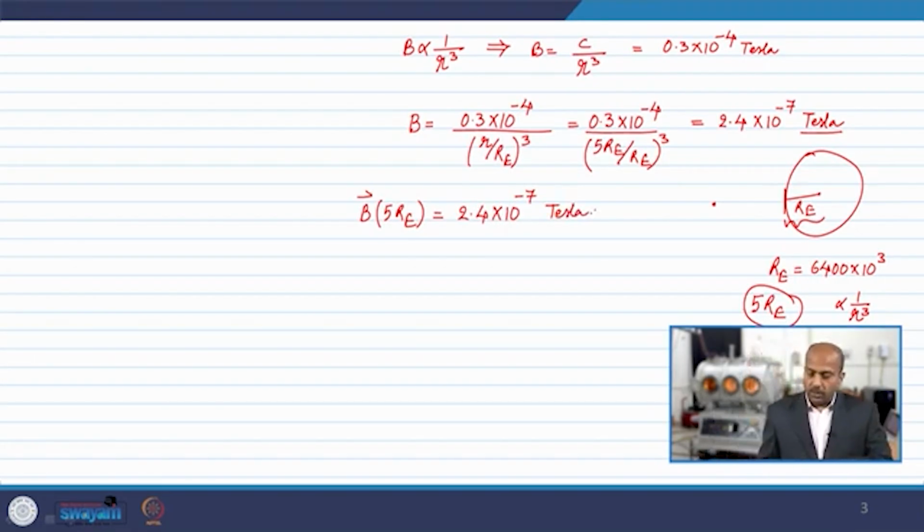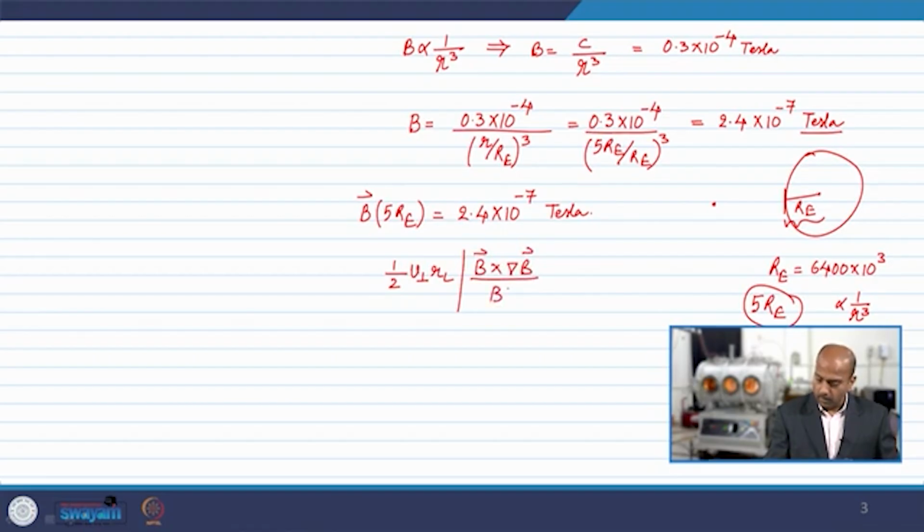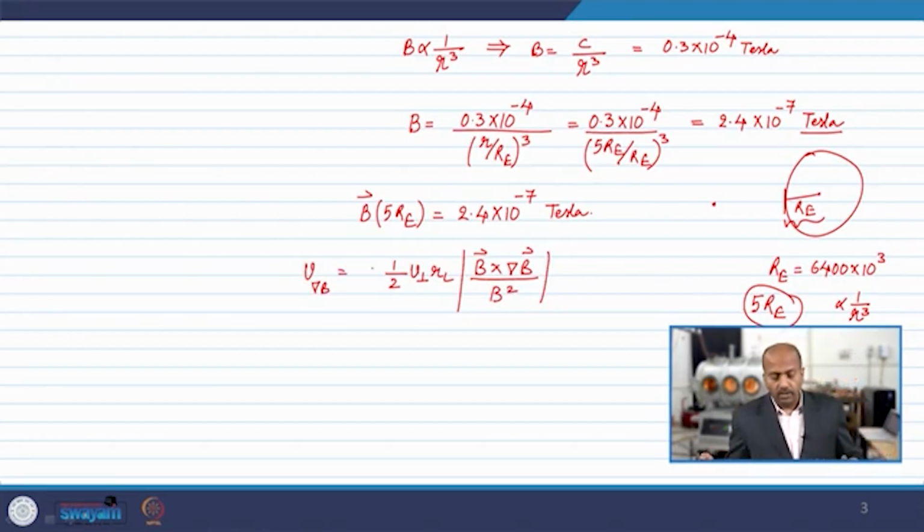Right. Now, let us bring the formula for the gradient drift, which is half V perpendicular RL times B cross del B by B square. What is this? This is V del B. Where is the charge?